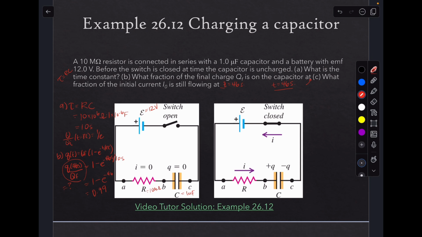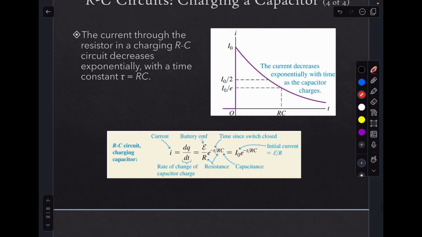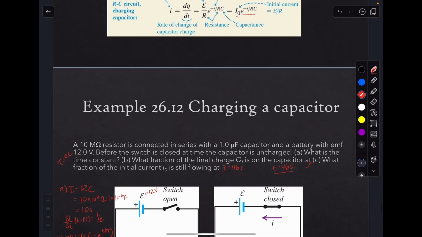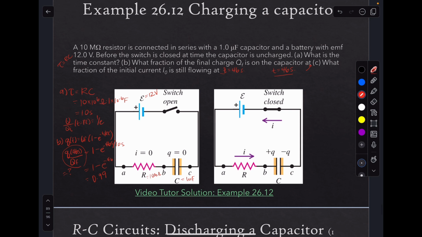Okay, so the current at any time t is given by I naught e to the minus t over RC. Part C is asking us, what is I over I naught at t equals 46 seconds?